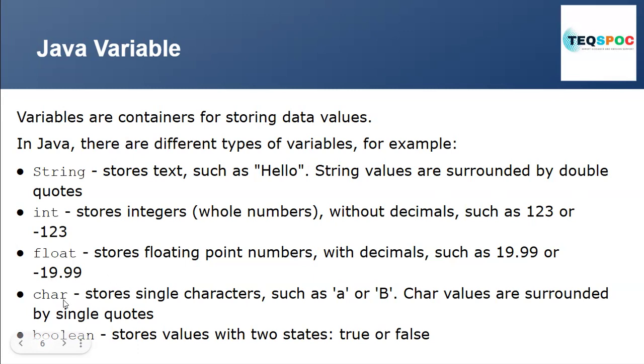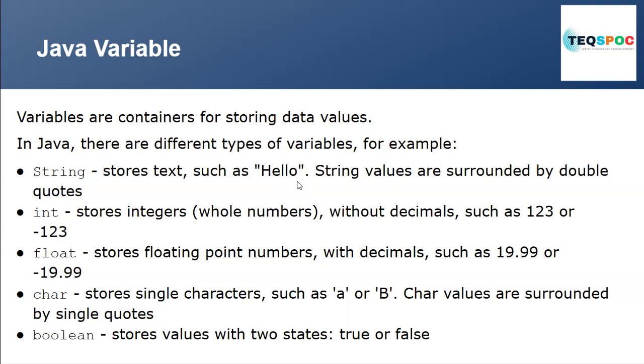Character is a single character, like a, b, c, d, and a character should be written in single quotes, like single quote A, single quote B. A string is like hello, a complete word, and you use double quotes to mark it as a string. If you do not write double quotes, it will not be taken as a string.